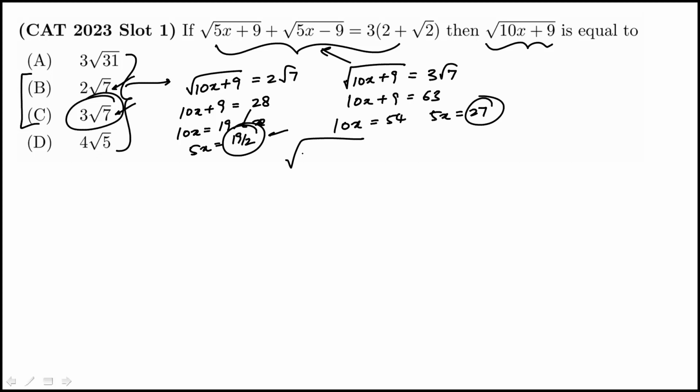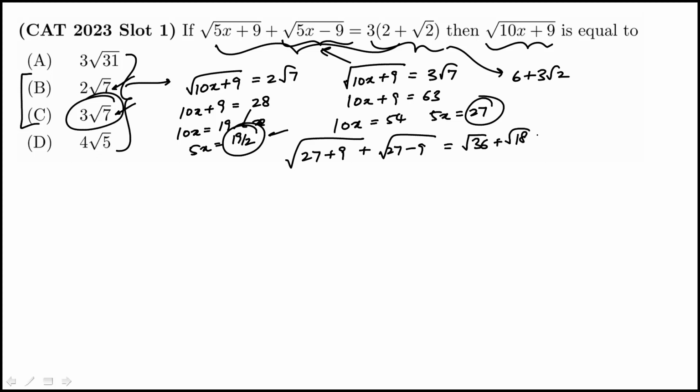I plug that back in to see, does the left side work out to be 6 plus 3 root 2? This is square root of 36 plus square root of 18. That's 6 plus, so this is 9 times 2. That becomes 3 root 2. Indeed, they match, and I'm done, and that's the answer. So sometimes you get lucky.